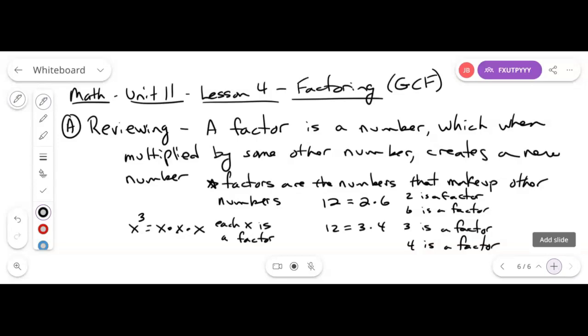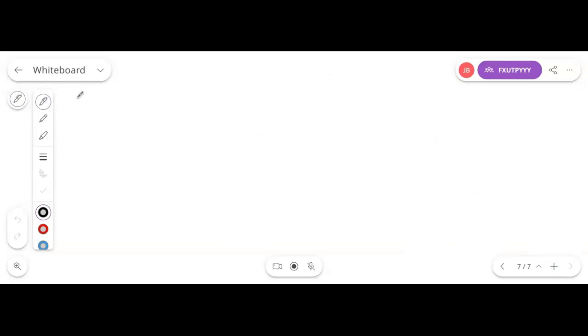All right, so factors. We also need to talk about something called GCF. GCF stands for greatest common factor.